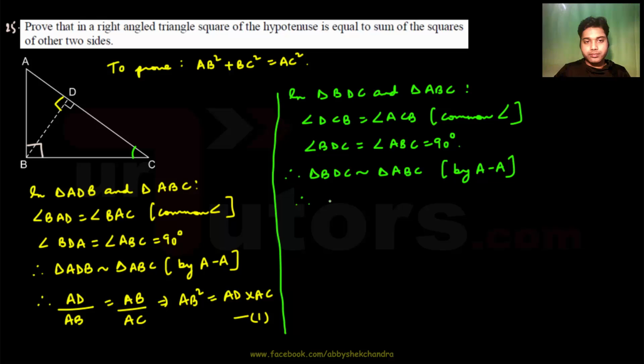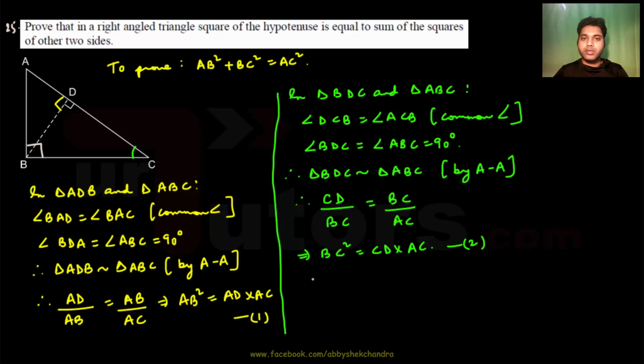So therefore CD by BC will be equal to BC by AC. Cross multiply, I'll get BC square as CD into AC.